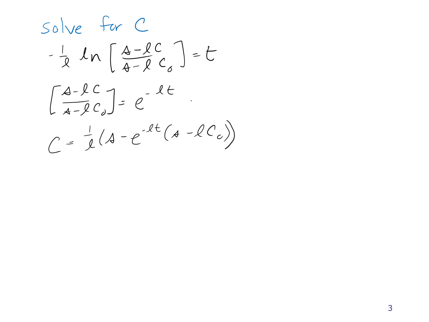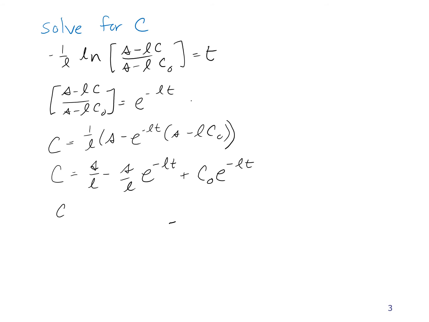So I multiplied through by the denominator, the S minus LC naught, and then moved the S over from the left-hand side and divided by minus L. And now I can rearrange this as C is equal to S over L minus S over L times e to the minus LT plus C naught e to the minus LT.